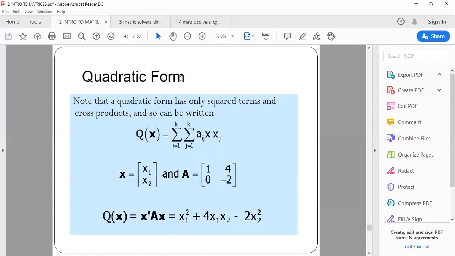Finally, a quadratic form of a matrix leads us to a quadratic equation like this. We will come to this during conjugate gradient, and at that time you may understand it better.